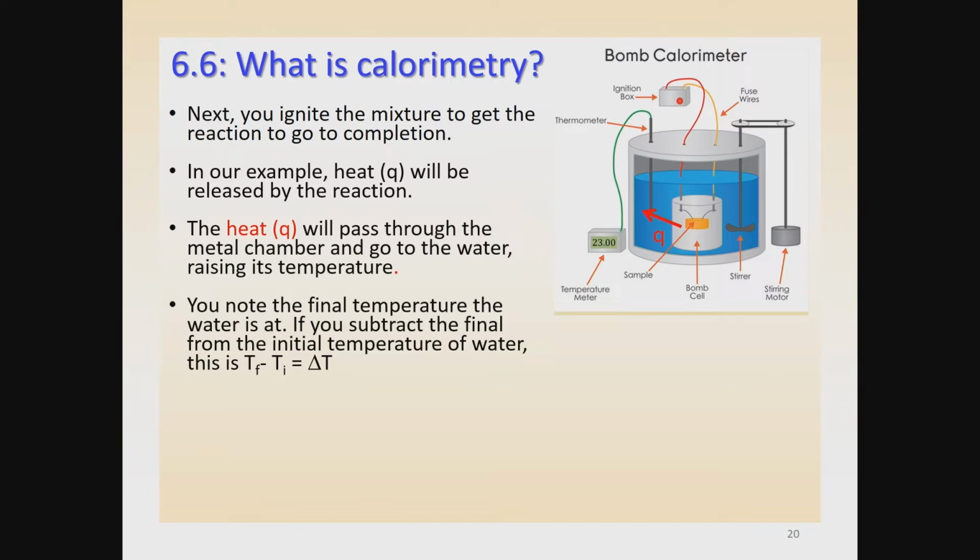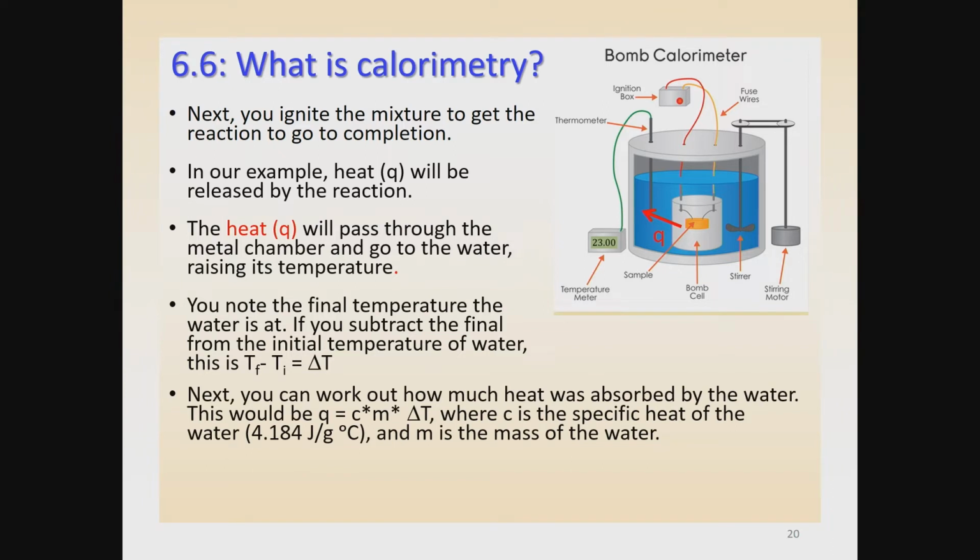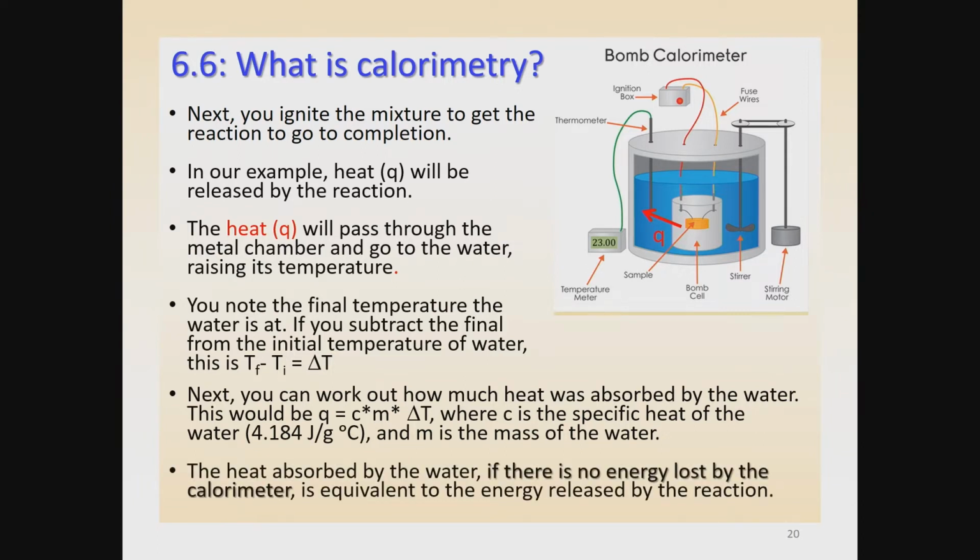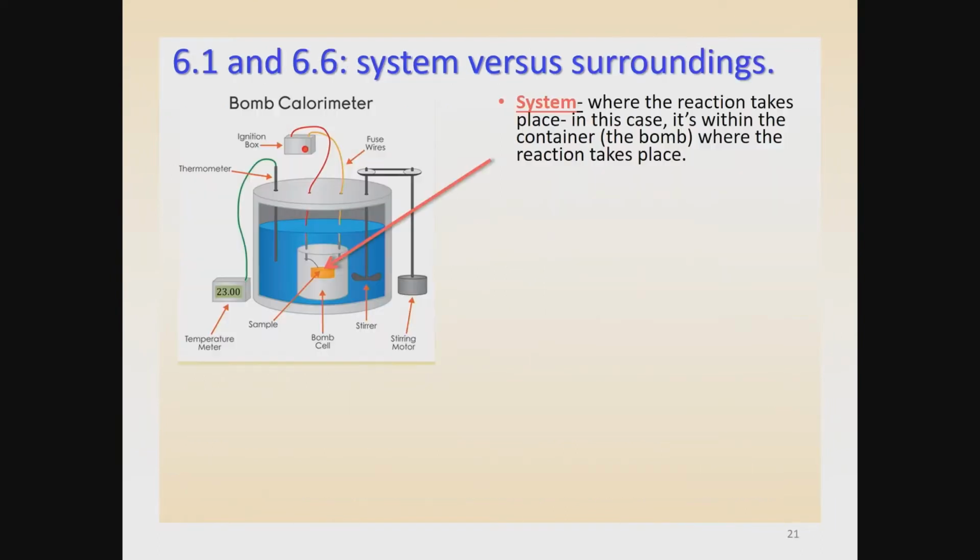And so once you know the difference in temperature, because you know the mass of the water and the specific heat capacity of the water and the temperature change, you can figure out how much heat the water absorbed. So again, the big assumption in this calorimeter is that any heat absorbed by the water is exactly the same as the heat that is lost by the chemical reaction in the can.